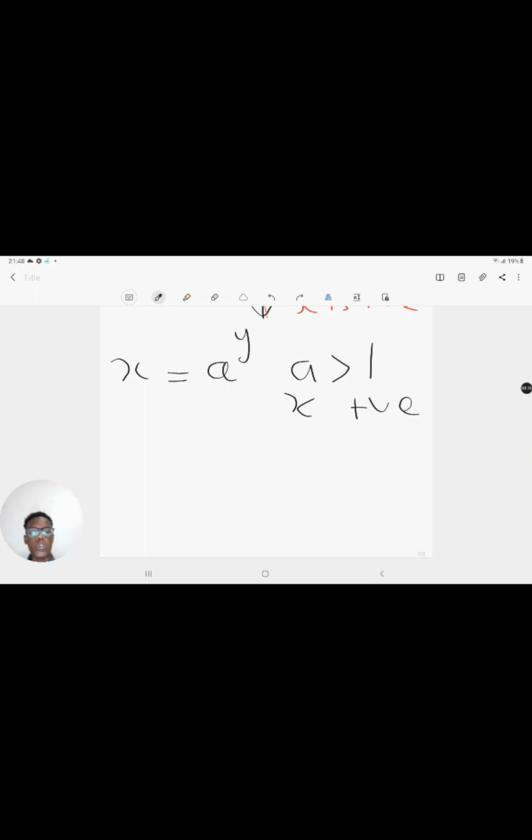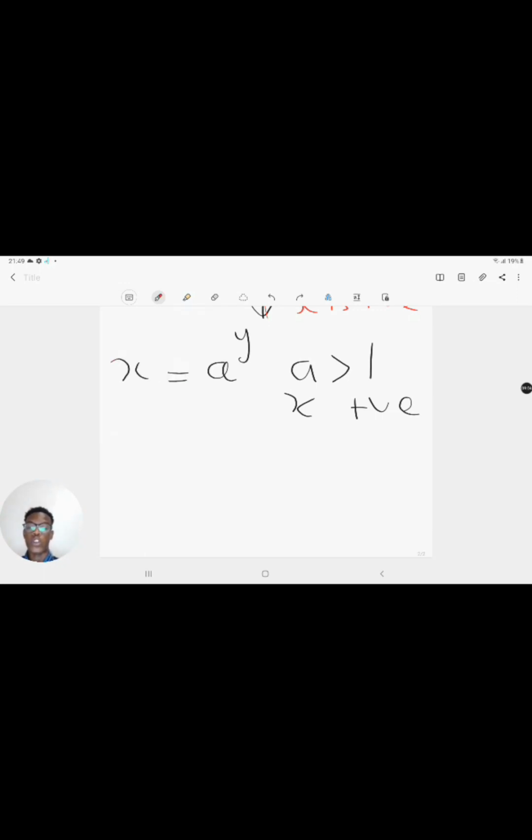So now, since we want to have y as the subject of our formula, we will add what we call logs to both sides. What the log helps us to achieve is that it allows us to express this equation in such a manner that y is the subject. So we simply introduce logs to both sides.